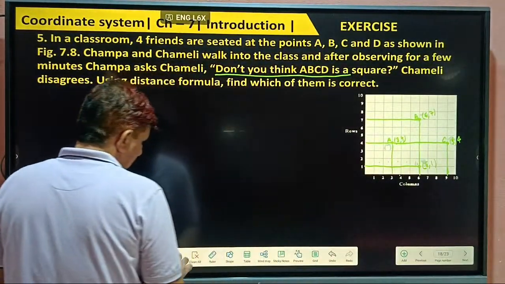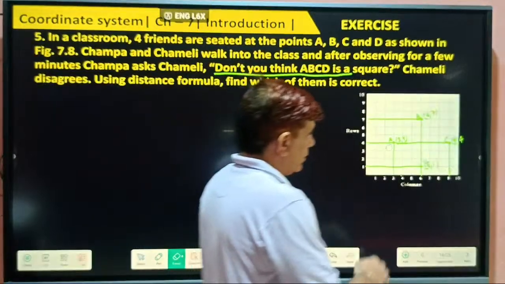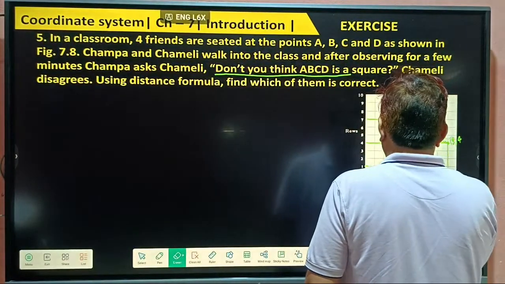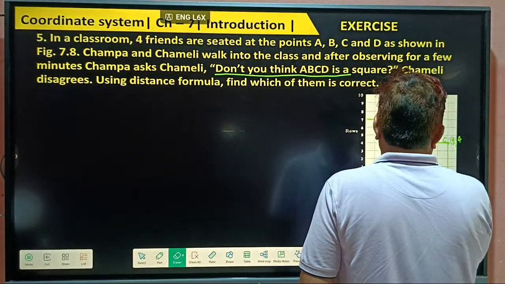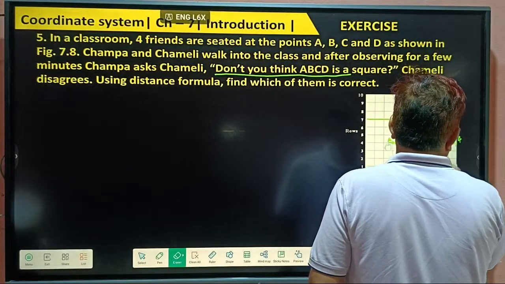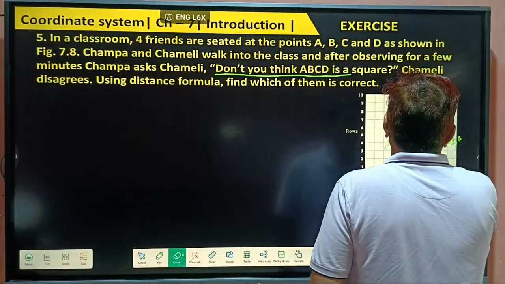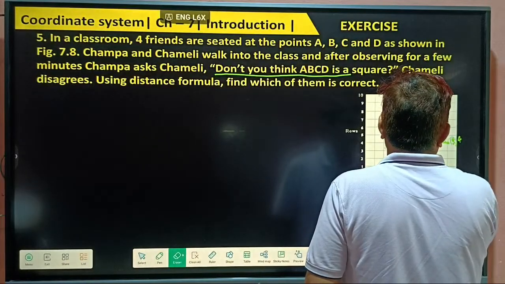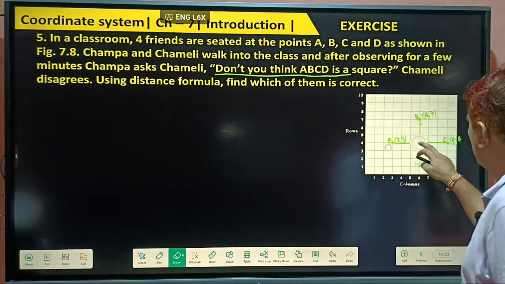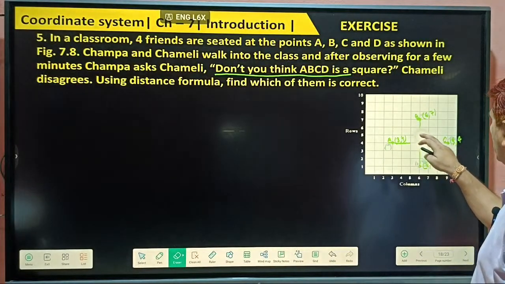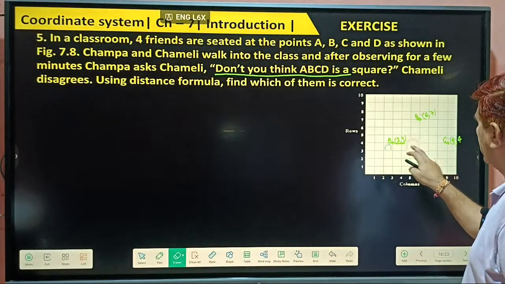Now we have to tell whether they make a square or not. What do you know about a square? A square is a figure whose all sides are equal.